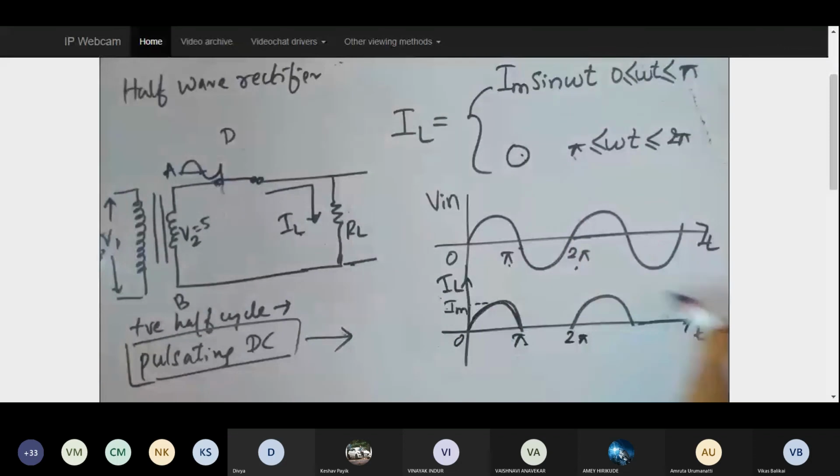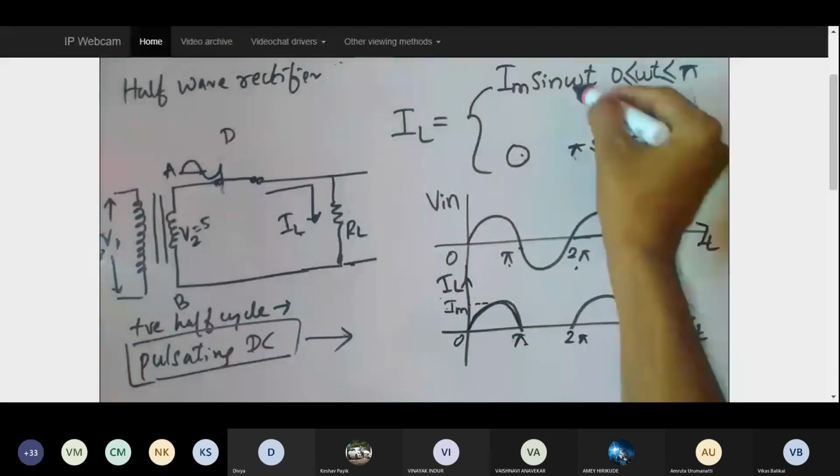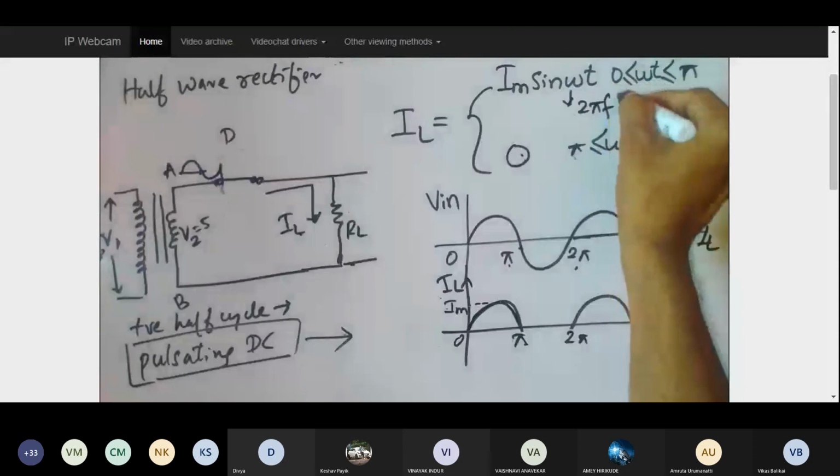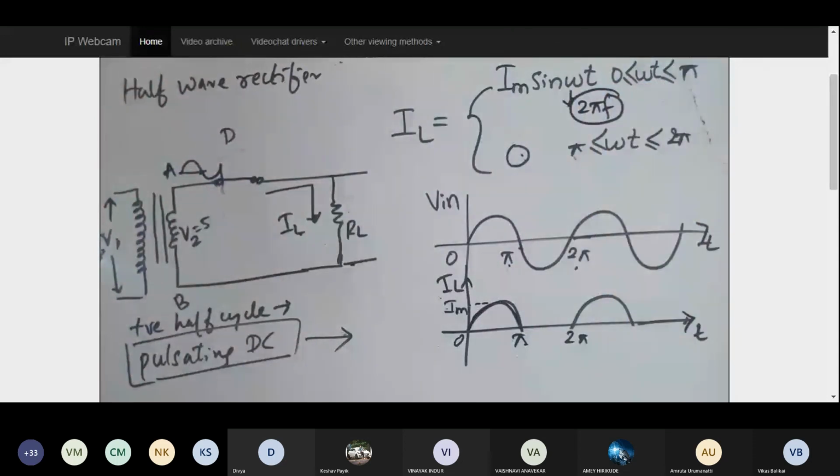Im is the maximum current that you find in the load current, and omega t represents the frequency. How do you represent omega? 2 pi f. So with the frequency of f, a sinusoidal current having a maximum value of Im, represented by the name IL, is given in the range from 0 to pi, and from pi to 2 pi it will be 0.